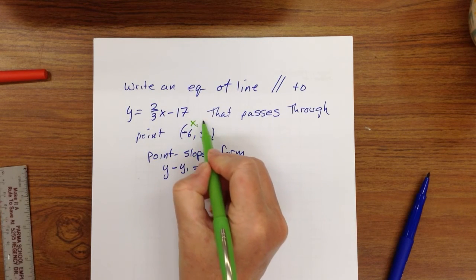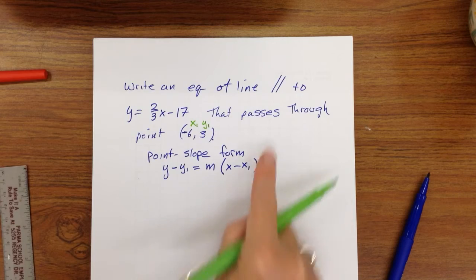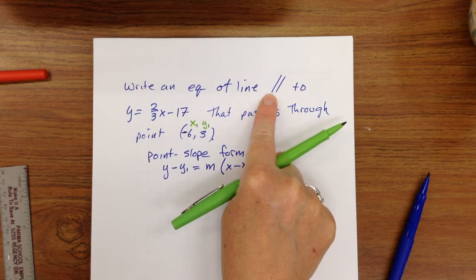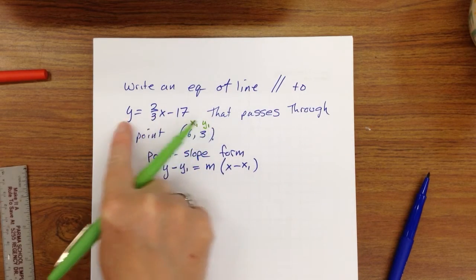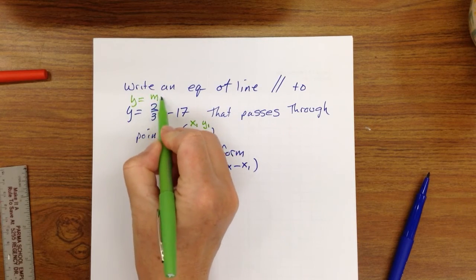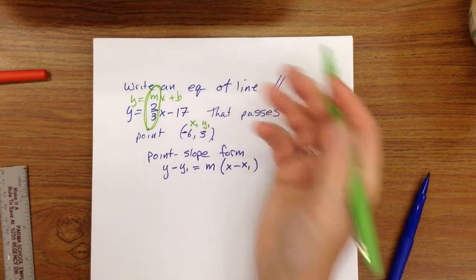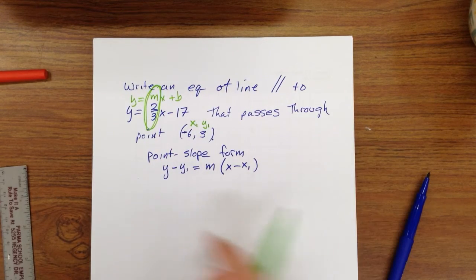This will be the x1, y1. This will be the point that I'll be plugging in. And what about the slope? Well, if it's parallel, it will have the same slope as this line.